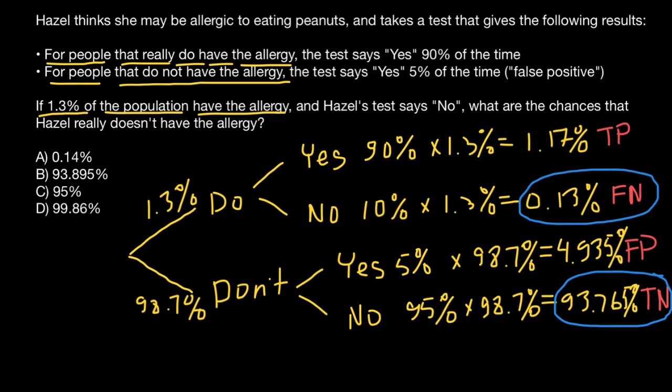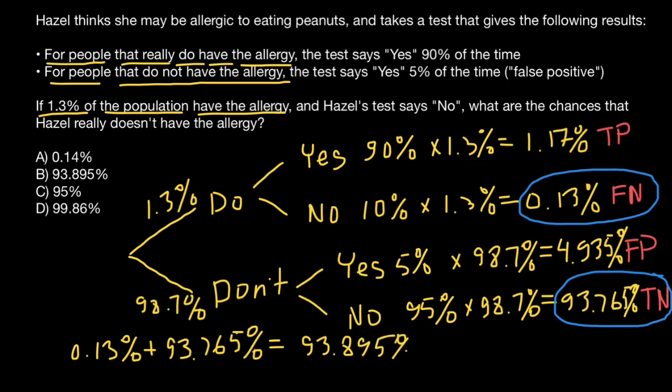Now let's combine these two numbers, 0.13% plus 93.765%, and we are going to get 93.895%. So this is the frequency of the people in the population whose test is going to show that they don't have allergy.